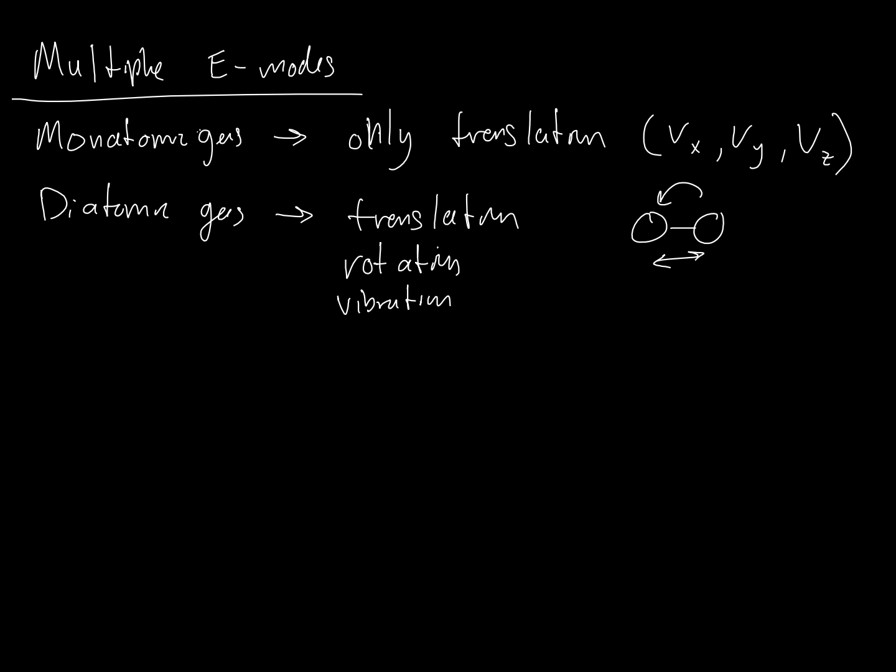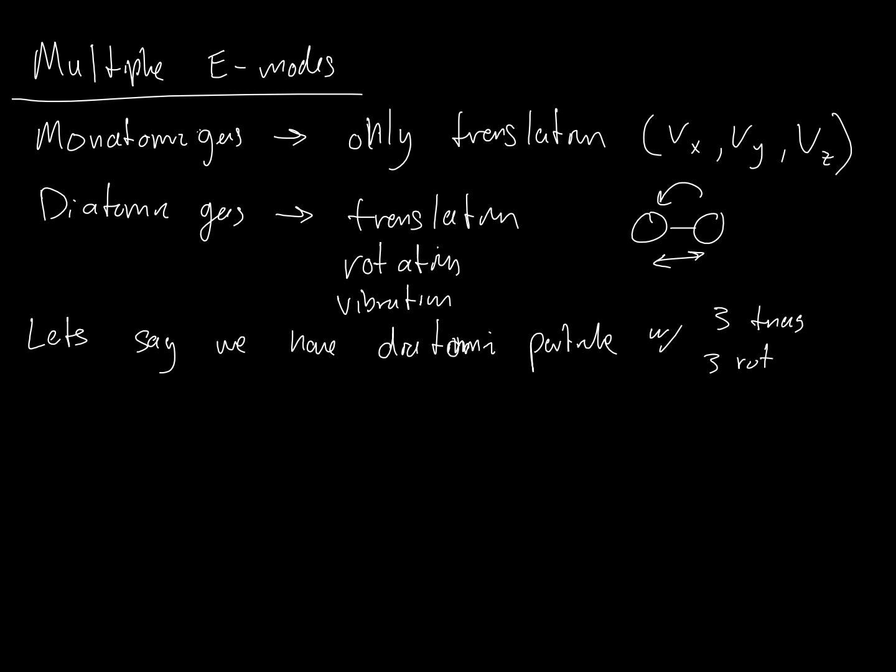So let's say we have a diatomic particle with 3 translational and 3 rotational modes. Right, so this particle can have, let's say, a velocity of 1, 2, or 3.